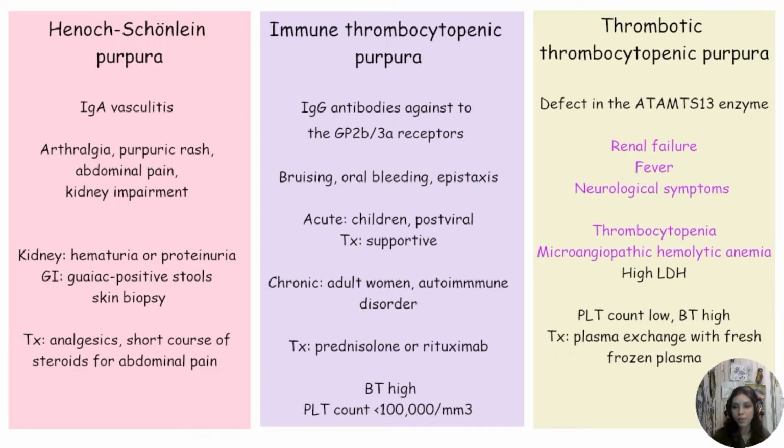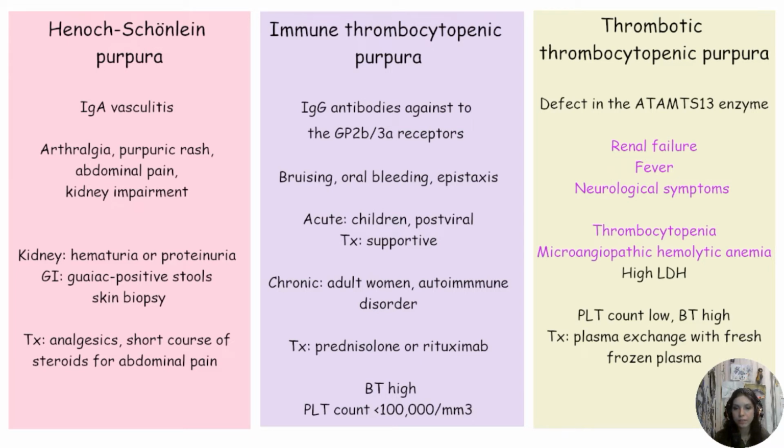Immune thrombocytopenic purpura is a disorder where there are antibodies against the platelets, and symptoms will be bruising, oral bleeding, and epistaxis. There are 2 forms, acute and chronic. Acute is usually in children and is a post-viral condition, with a quite good prognosis, and requires just supportive treatment.